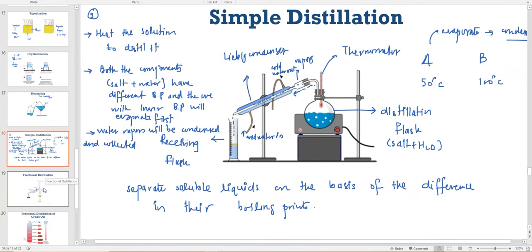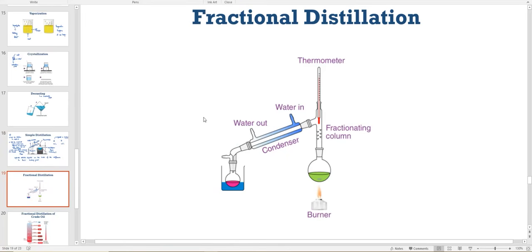Moving on to fractional distillation. There is a small difference between a simple distillation apparatus and a fractional distillation apparatus, and that difference is the insertion of a fractionating column in the fractional distillation apparatus. So, what is it for?